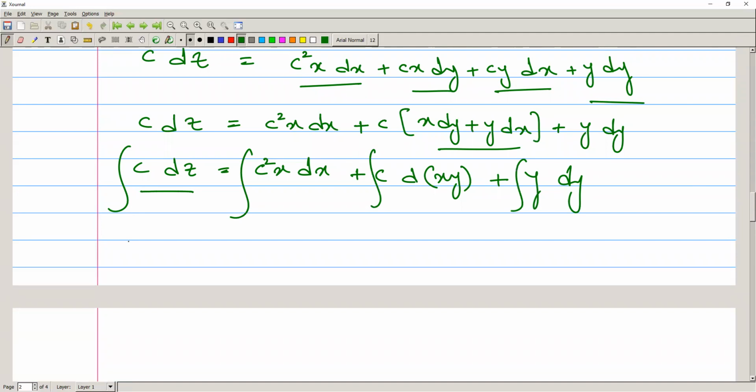So this will be c times z. This will be c squared x squared over 2 plus c times xy, because this d is showing that this is the derivative and this is the antiderivative, this integral sign. So this will cancel out and we'll only be left with cxy plus y squared over 2.